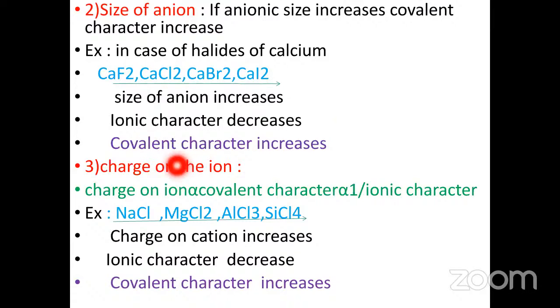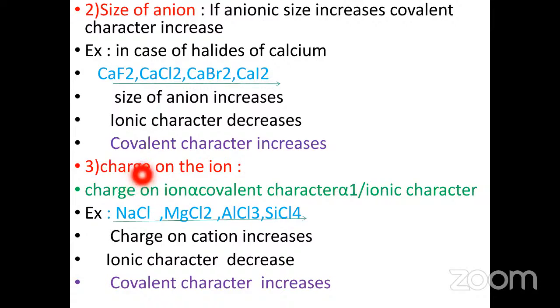Next goes to charge on the ion. Charge on ion is directly proportional to the covalent character and inversely proportional to the ionic character. Here, sodium chloride, magnesium chloride, aluminum chloride, and silicon chloride. In this, the charge on the cation increases.